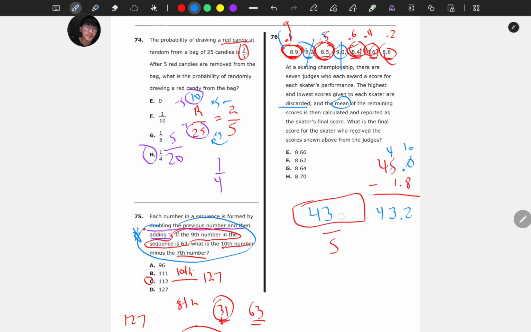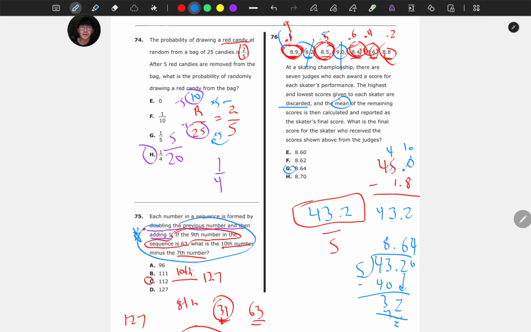That's the top. So now we do 43.2 divided by 5. Okay, 5 goes into 43 eight times, then 3, goes down to 6, so 8.6, and then 2, 0, it's going to be 8.64, if I did that correctly.